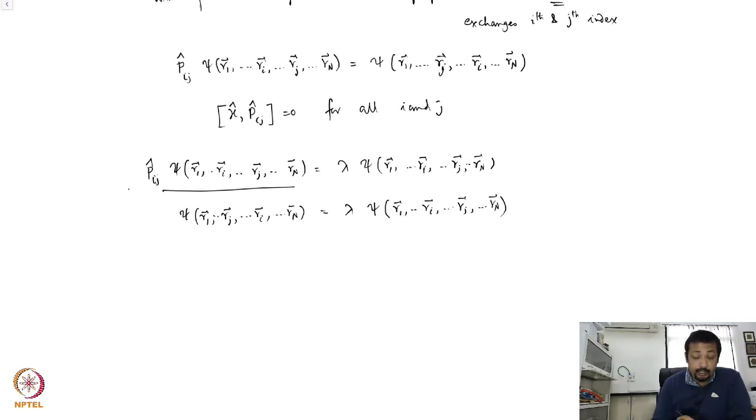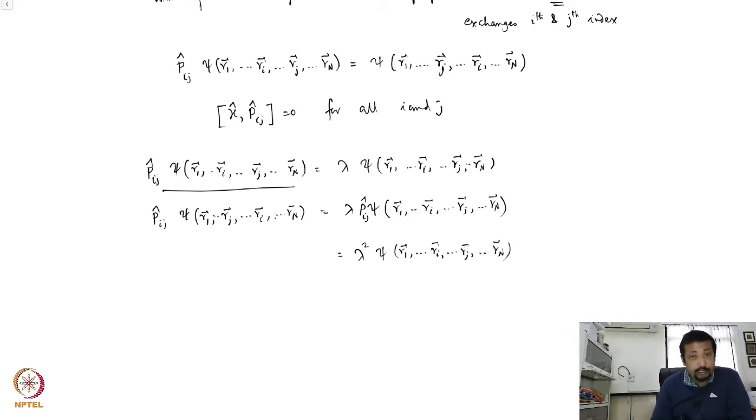If I operate again with P hat ij from the left-hand side on this equation, then I have P hat ij, P hat ij. The right-hand side is going to be lambda squared times psi of r1, ri, rj, rn.